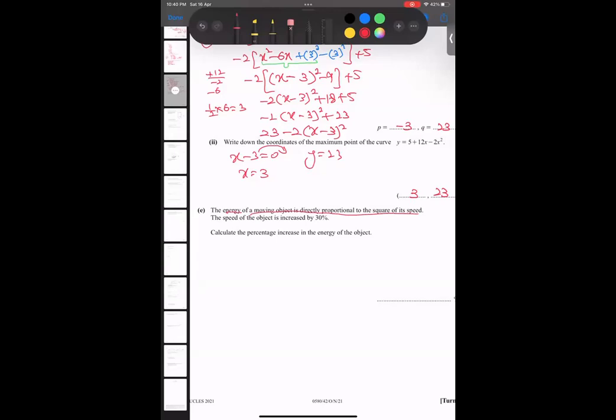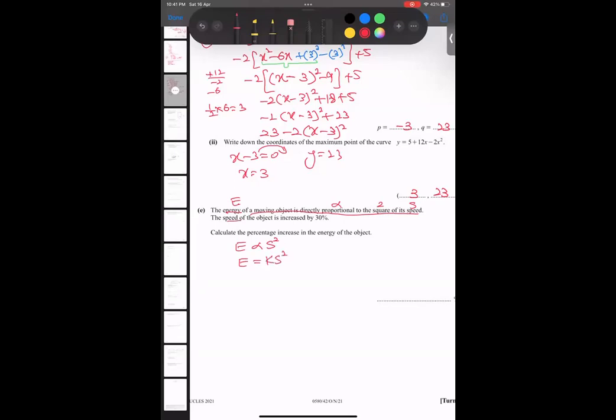So let's say energy is E, speed is S, and square means power 2, proportional and directly. So E is directly proportional to square of speed. Okay, now whenever we remove the proportional sign, we get K times S square.